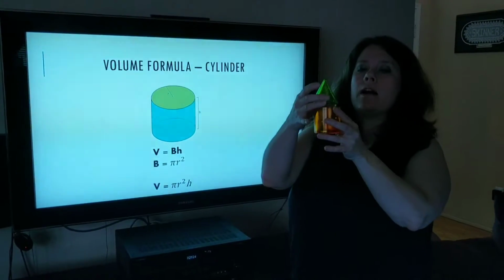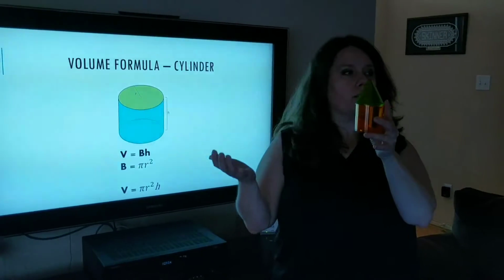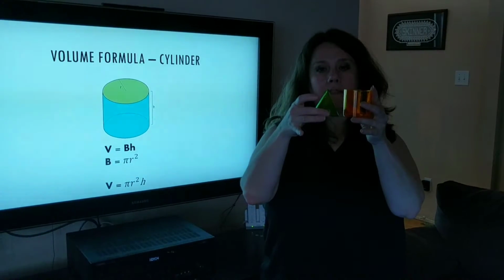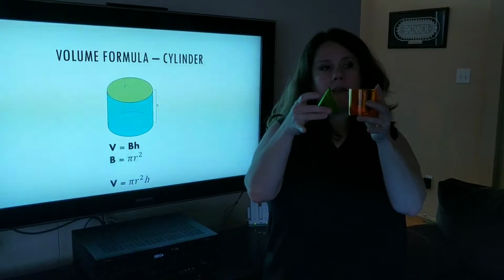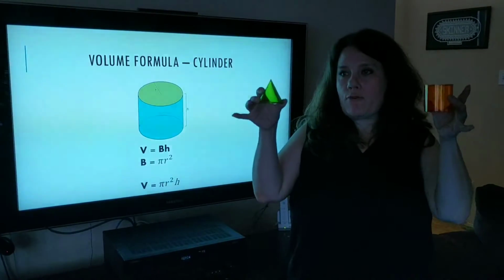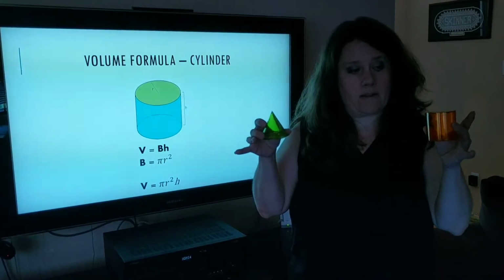Now, if the circumference of the circle of my cone is the same as the circumference of my cylinder, and the height is the same, then I should be able to compare these two formulas fairly equally. And we're going to see how that works.